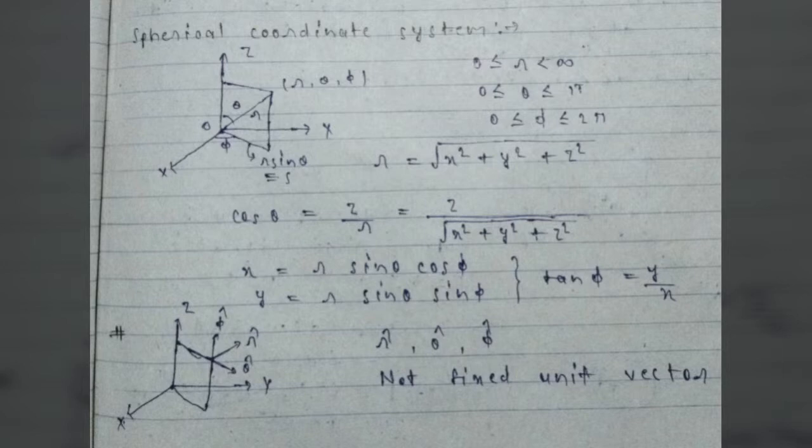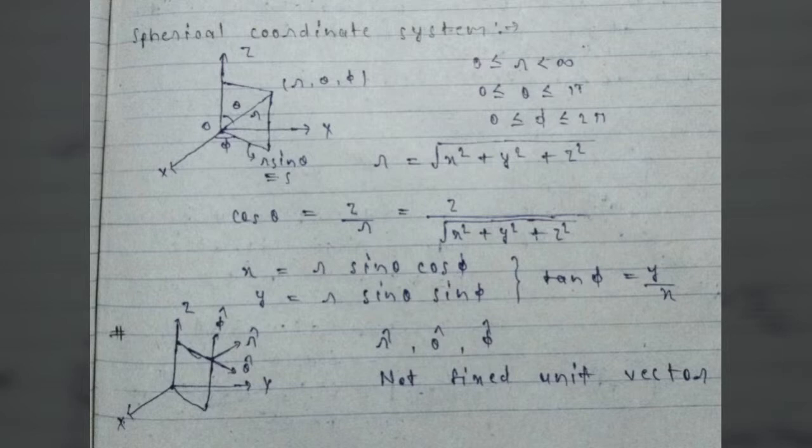Third, this r has a projection in the xy plane, which is this red thick line, which is nothing but r sine of theta. And if you have studied the previous lecture well, this r sine theta is equivalent to cylindrical coordinate s.